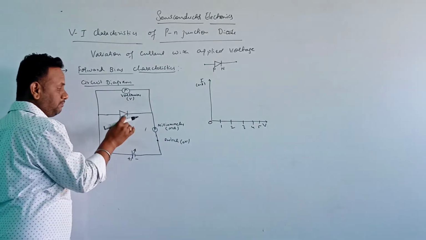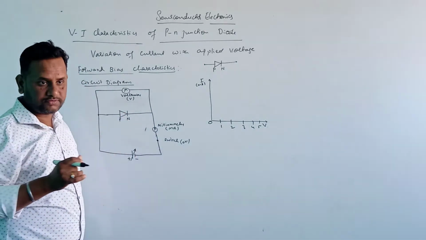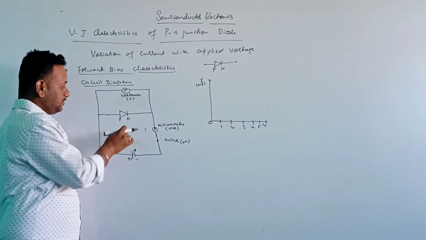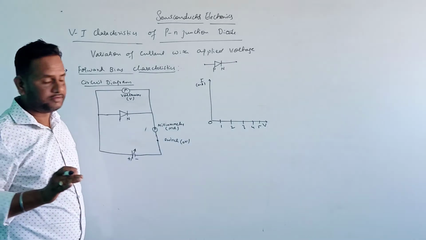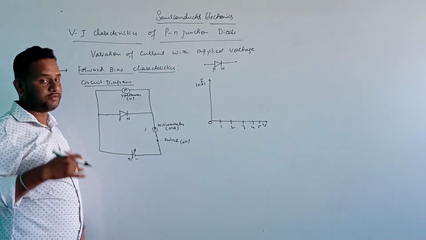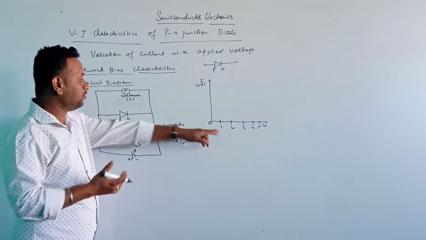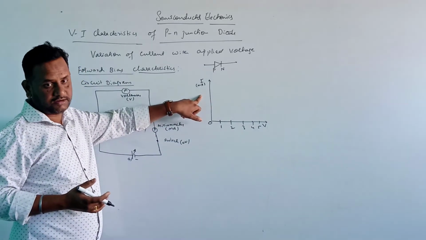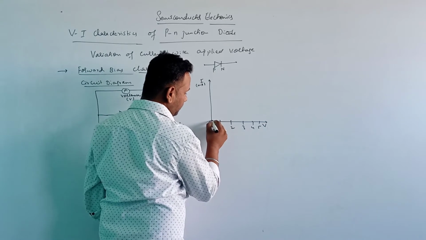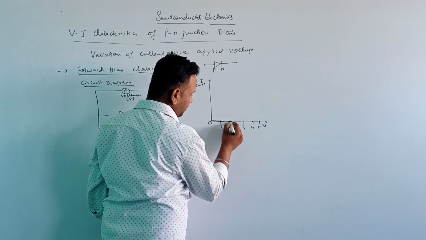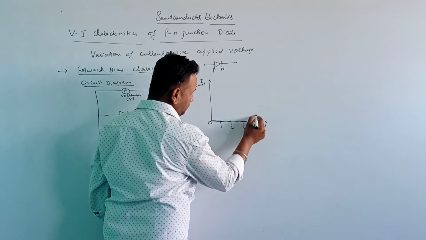So in the beginning when I am changing this voltage in this PN junction diode under forward bias, we can observe graphically, when we plot the graph between the voltage and the current, that the nature of the graph will be like this. And finally, when I plot this graph, it will be like this.